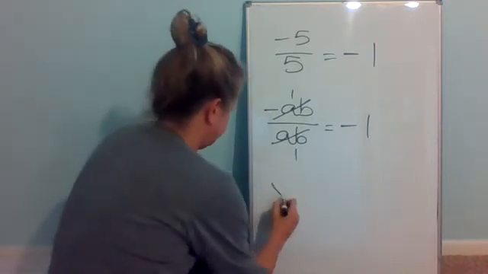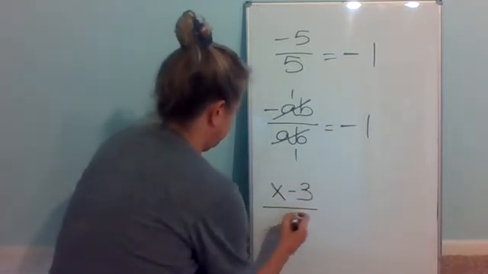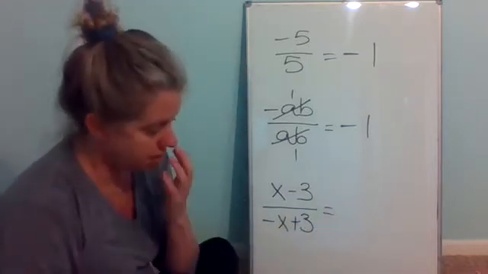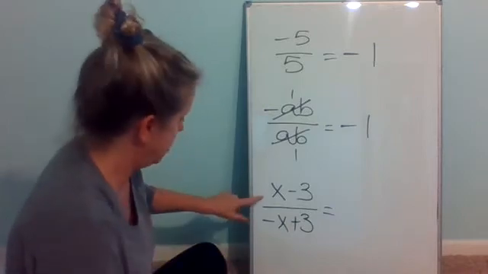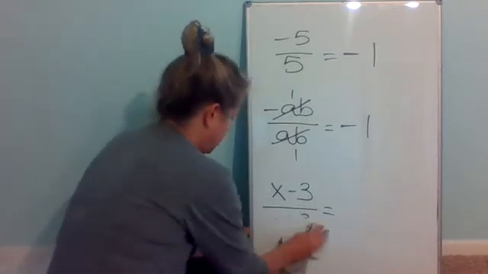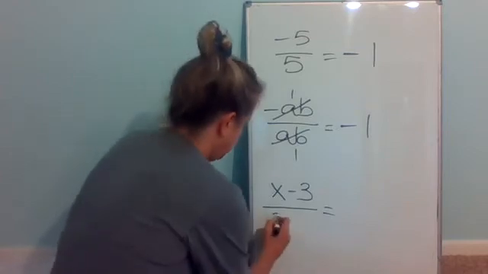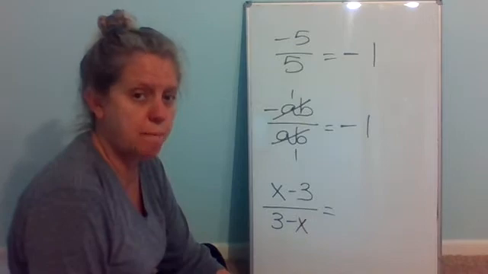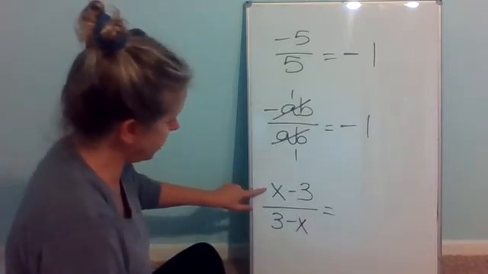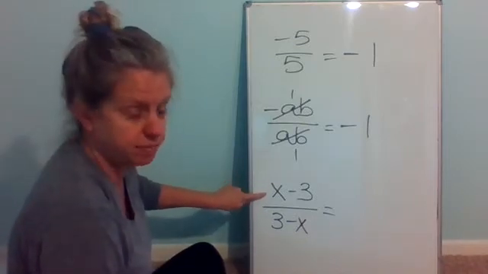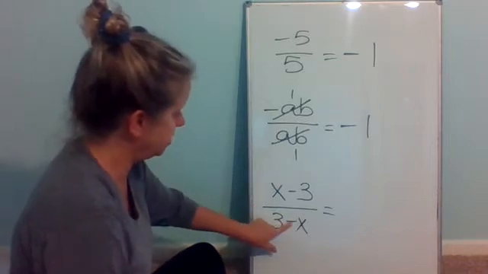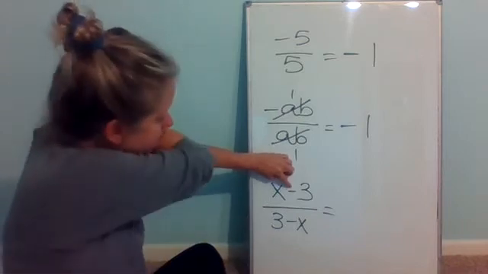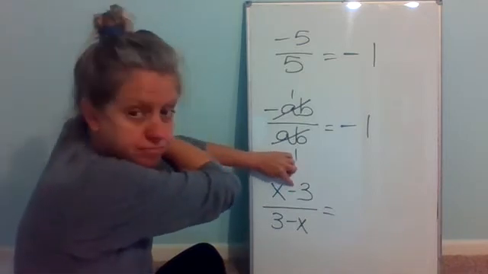What about this? Let's write it like this: x minus 3 over 3 minus x. What is your x in the top? It's positive. What is your x in the bottom? It's negative. What is your 3 in the top? It's negative.